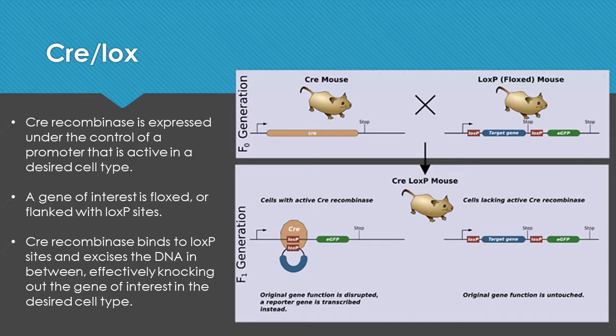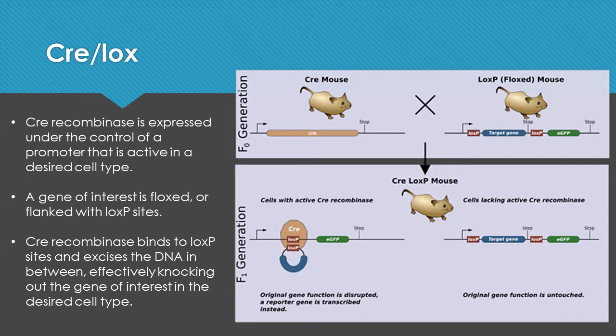The mouse with the log P system has a gene of interest that is flanked with the log P site. There is a target gene that you need to knock out, right? So you mate these two mice, CRISPR and log mouse, together, and you can produce a CRISPR log mouse, alright?